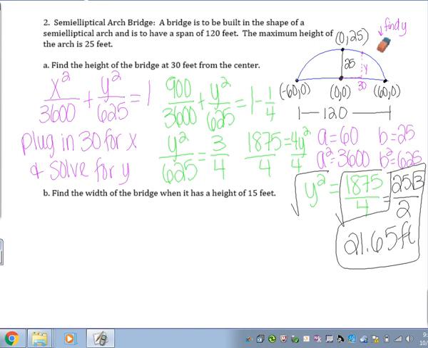I want to use the same picture. Fill that in. Okay, so now I'm finding it when we've got a height of 15 feet.